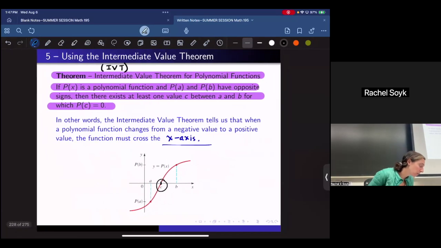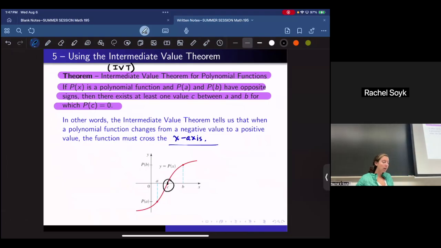And so this really does help us out when we are given a polynomial and maybe we know one root, but we don't know another one. Or maybe we're asked, okay, can you prove that you have two real roots between this interval for the specific function?